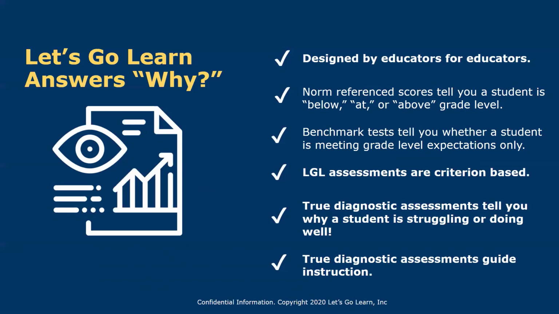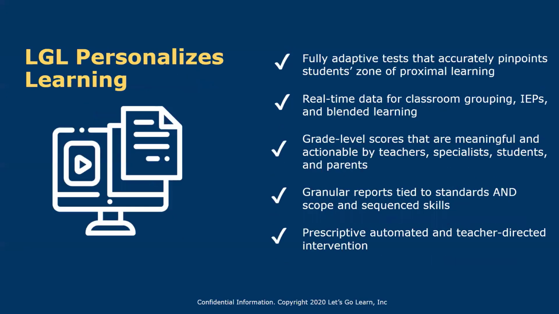And of course, I'm going to say it over and over again, our diagnostics are meant to guide instruction. So how are you going to guide that instruction? Well, we want to give you data that allows you to group students in the classroom, helps you to create IEPs for them, and allows you to do blended learning. Our goal is to find the student's zone of proximal learning. We want to find the exact place where they're ready to learn.